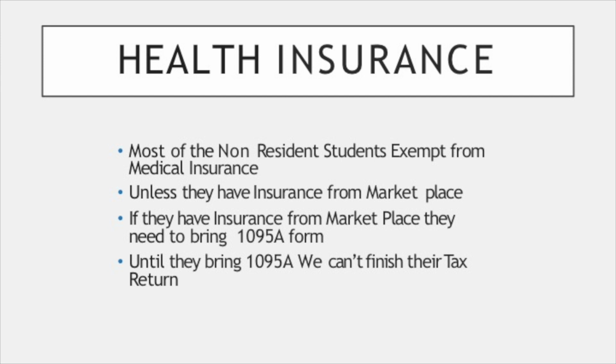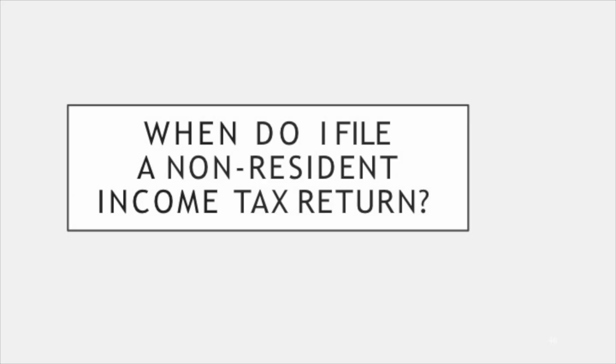Now, it's possible you may have marketplace insurance, in which you've applied for and obtained insurance through the marketplace. That's rare for foreign students, but it's possible. In that case, you'll be issued a Form 1095-A, and the taxpayers need to bring that form with them to be able to finish the tax return.